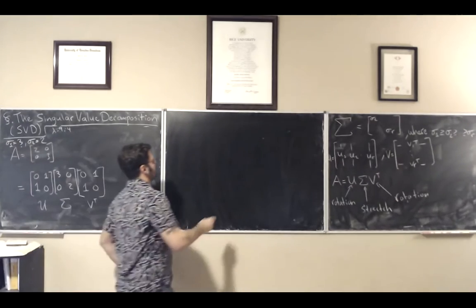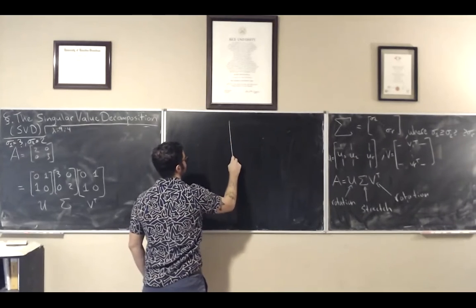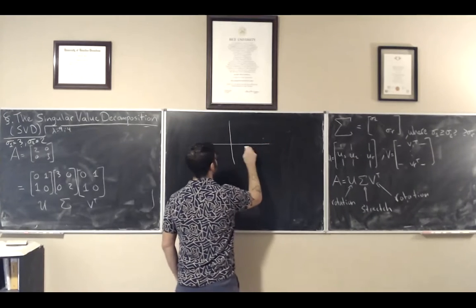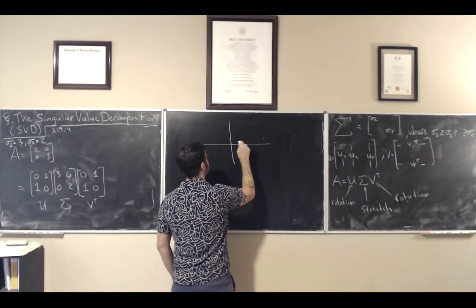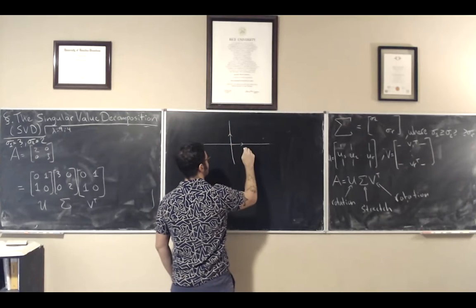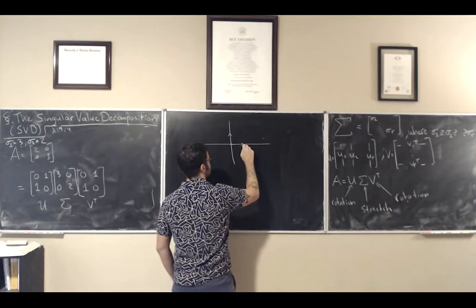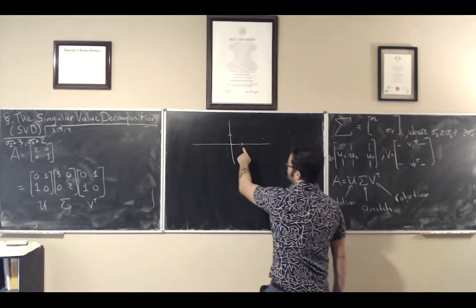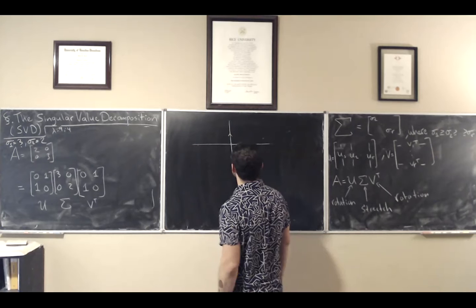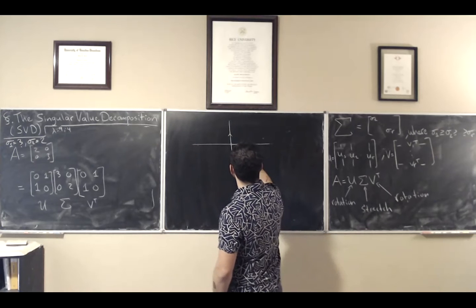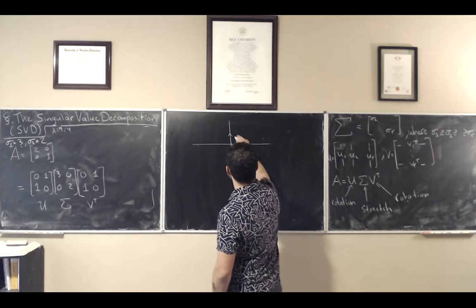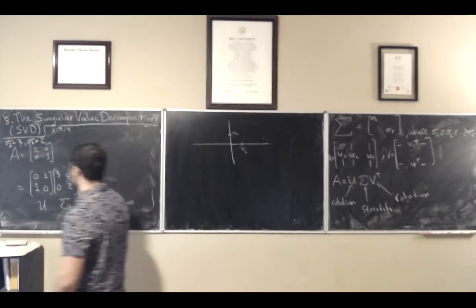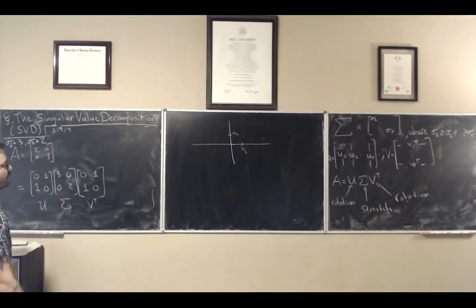So let's look at the unit vectors here. So this is like V1, V2, and they're just unit vectors. Okay.